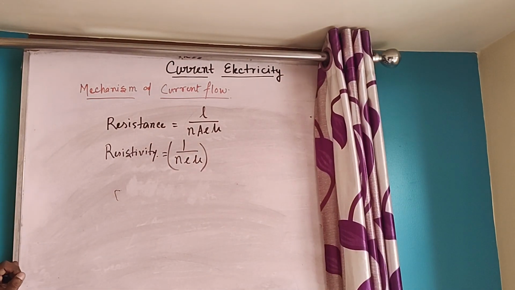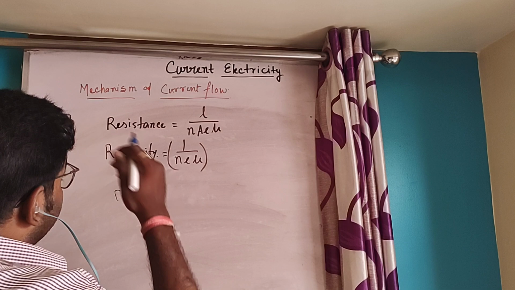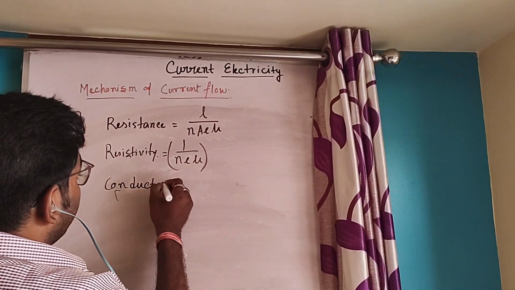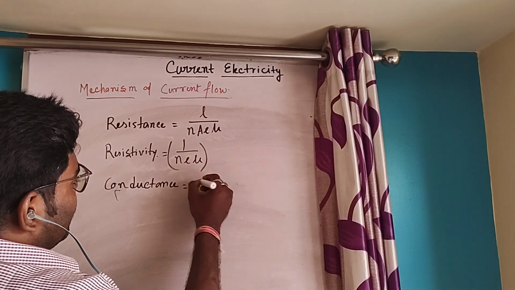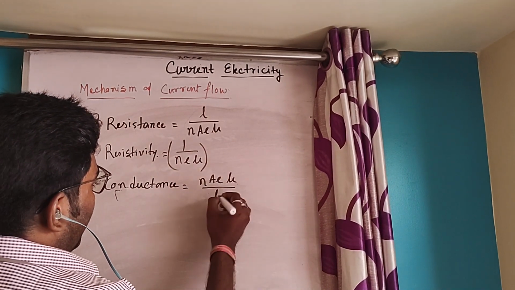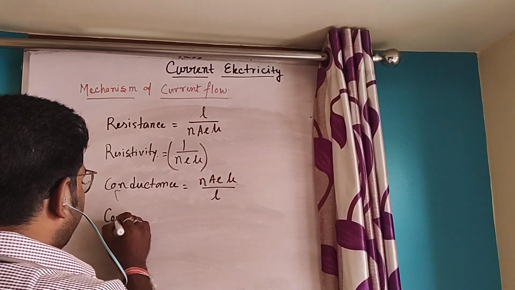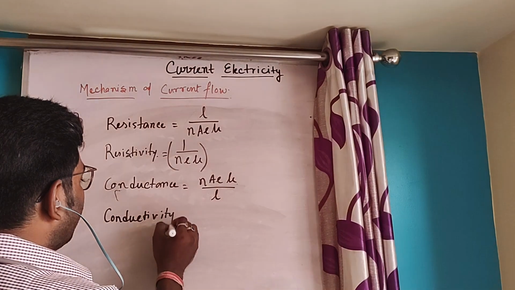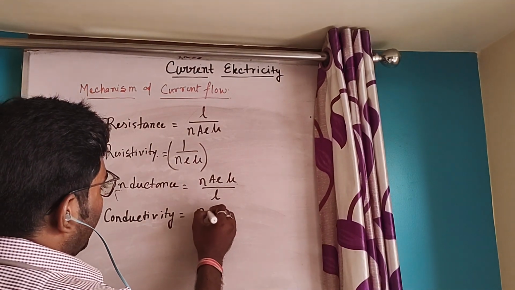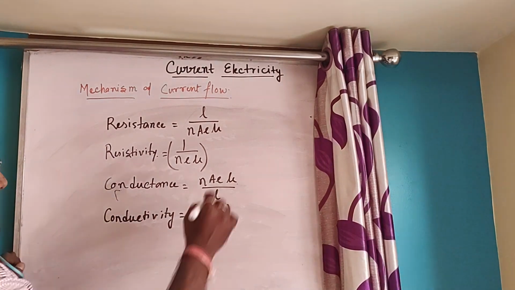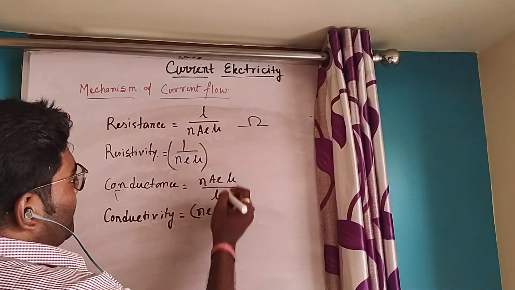Okay, so what is conductance? Conductance equals N A E into mu by L, and conductivity equals N E into mu. This is conductivity.